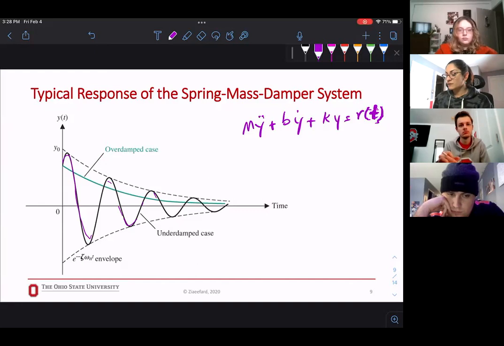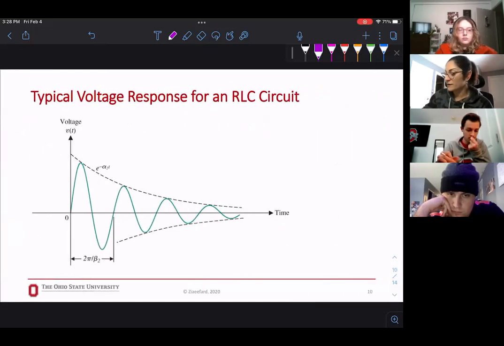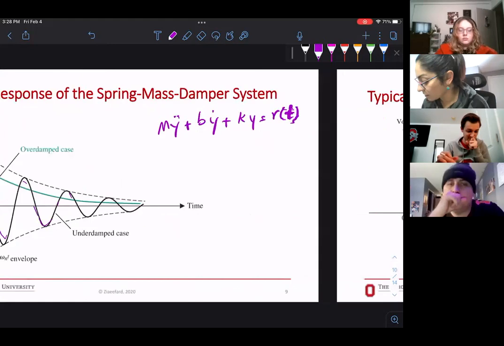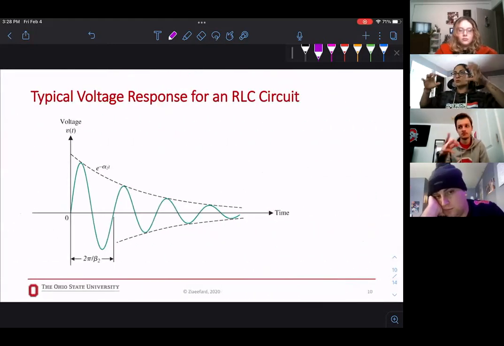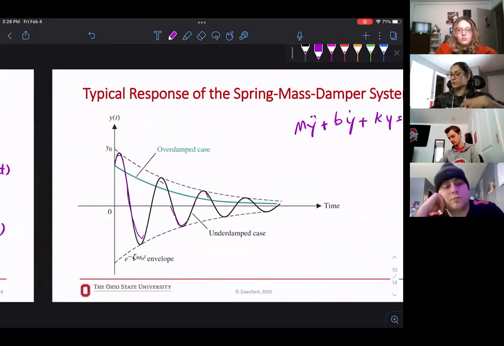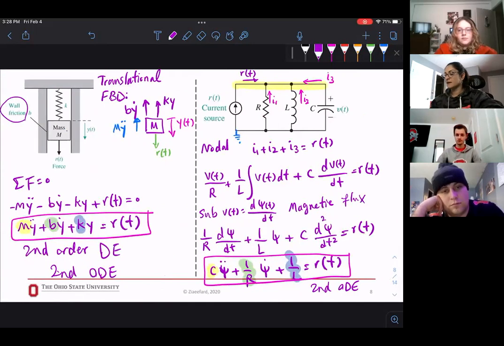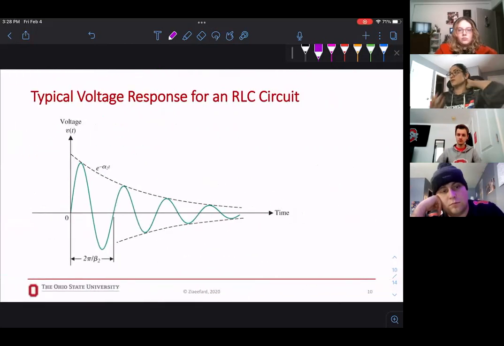If you draw the typical response for the RLC, you will get the same response. These are two systems that are physically different, one has mass, spring, damper, the other has RLC, but similar governing equations, so we expect the time response to be the same. That's why we say these two systems are similar. We can say they are analogous.